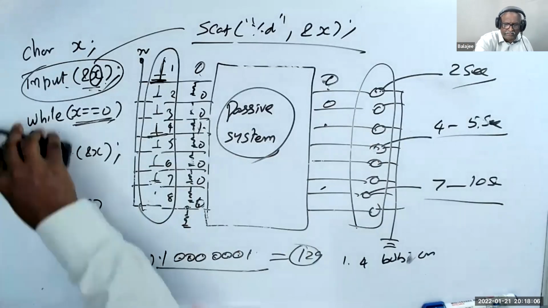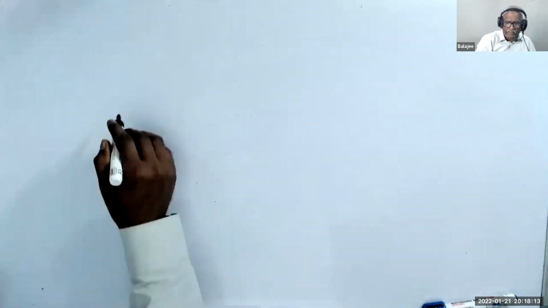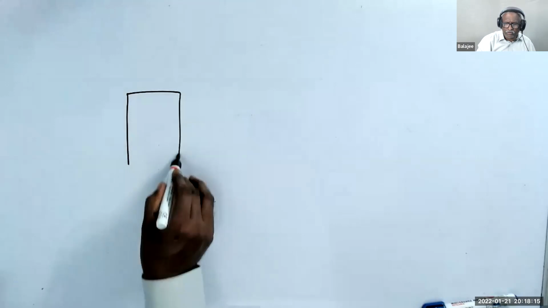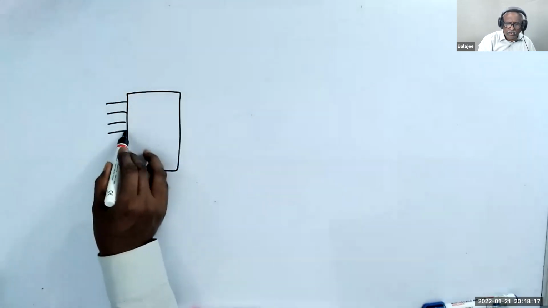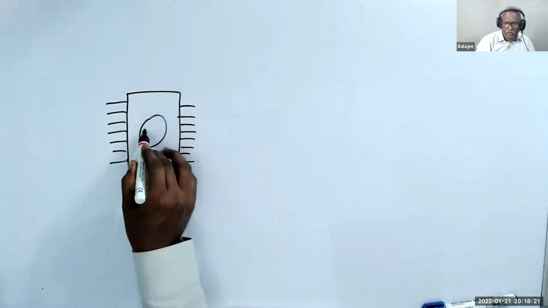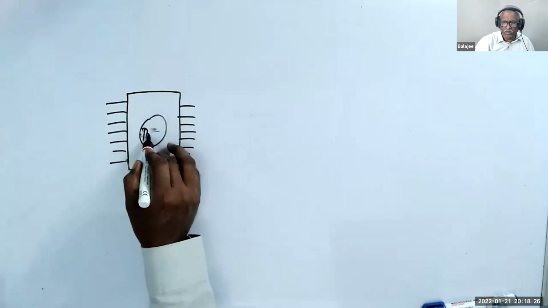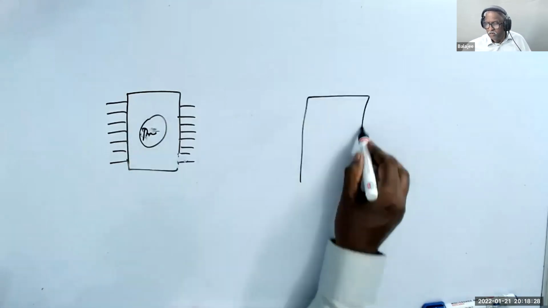Now, the trick here is this. I have a small system with input and output and a computer or processor. I have one more unit.